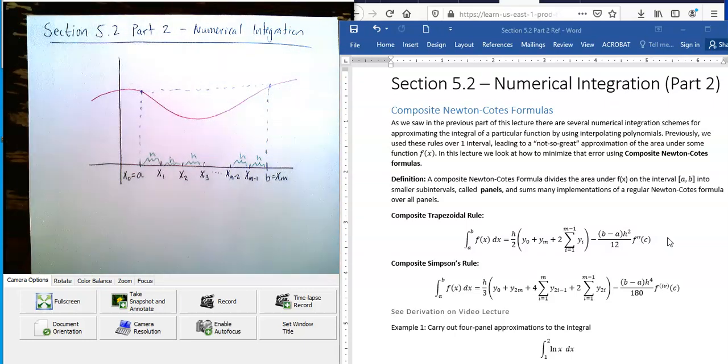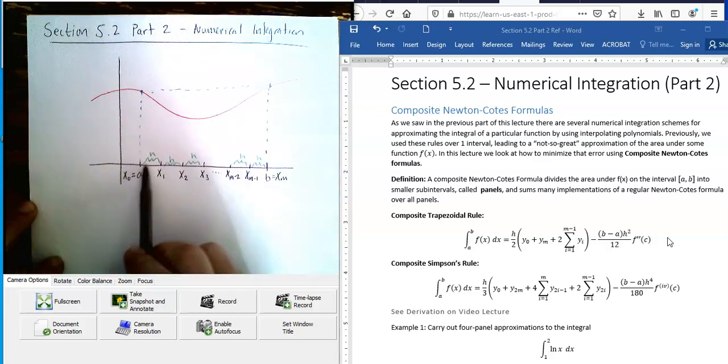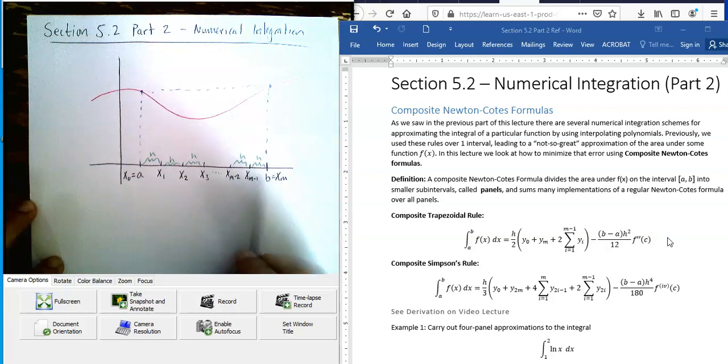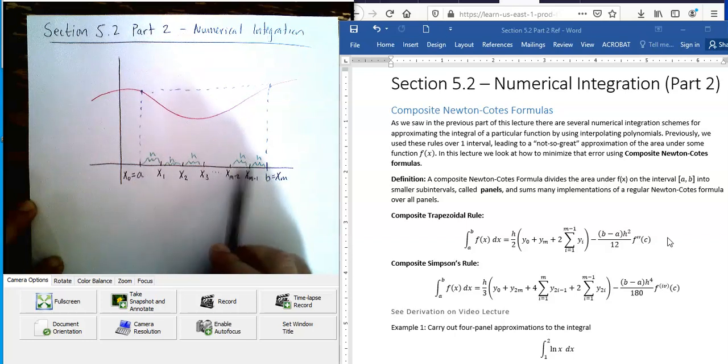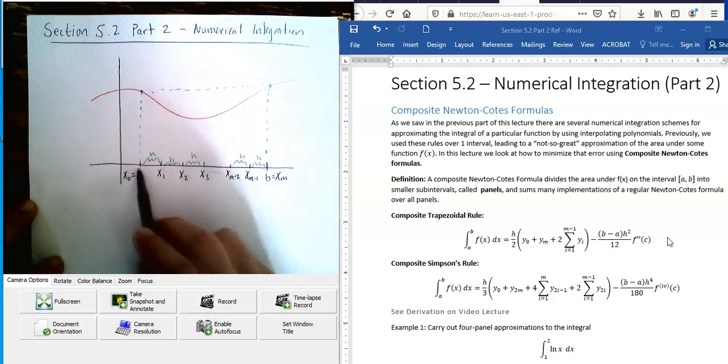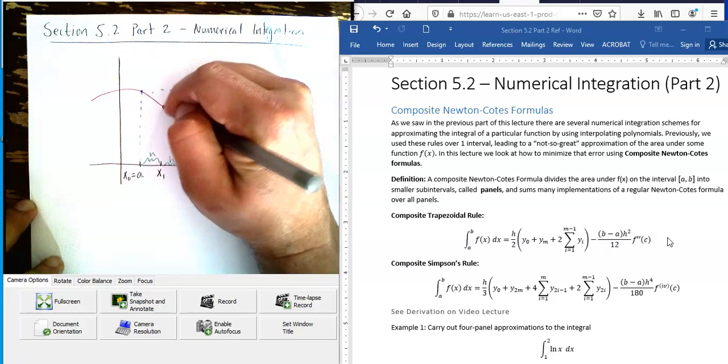Okay? So what we're going to do here is use smaller interpolating polynomials, smaller sections of these lines to generate different trapezoids, right? So instead of using this one giant trapezoid from the endpoints of the interval I'm looking for, I'm going to create trapezoids in between each and every one of these subintervals, right? So do the same kind of thinking with this.